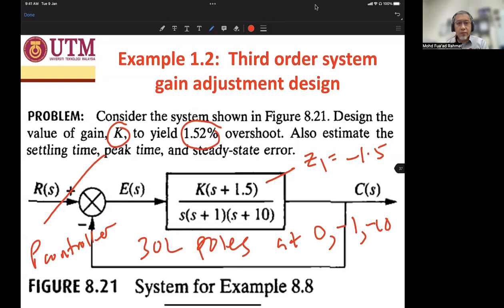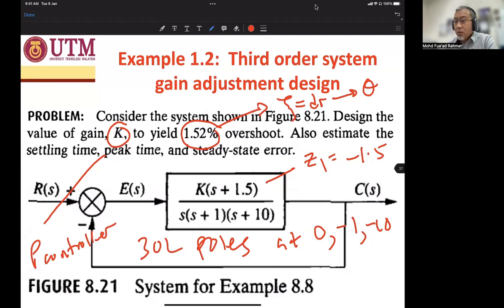So 1.52% overshoot is referred to the theta value, the damping ratio. This corresponds to theta, the angle of the damping ratio line from the origin to its intersection with the root locus.